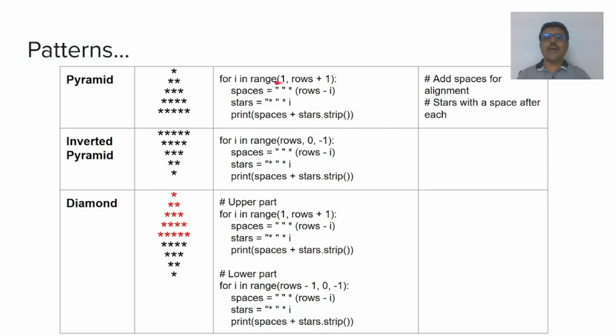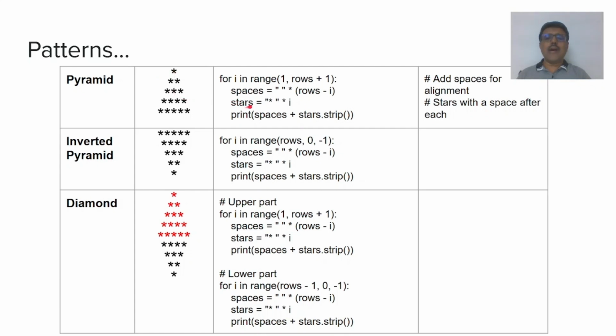How many rows do I have? Here the rows are 5, and then minus the i value, because i will be giving me values of 1, 2, 3, 4, 5 only. So that's how I'm doing it here.